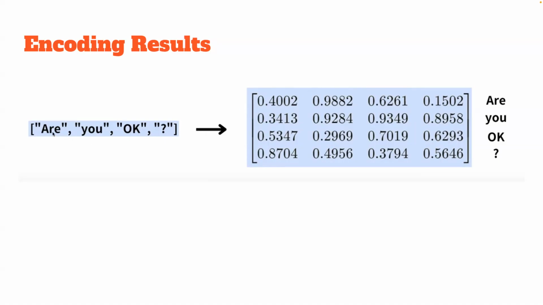This one here tells you about the attention between the first word and all the other words, including itself. If you look at the diagonal, it has a very high value, because obviously every word matters to itself.